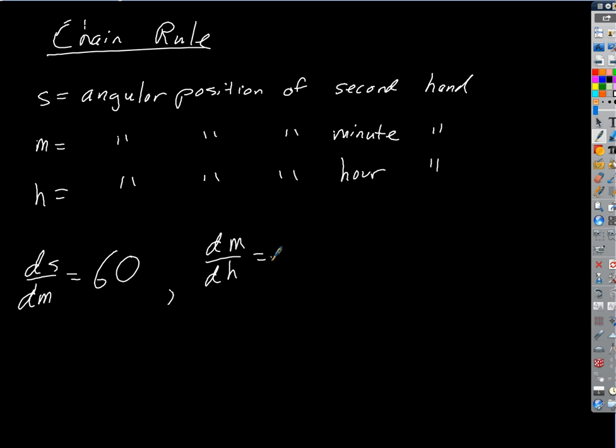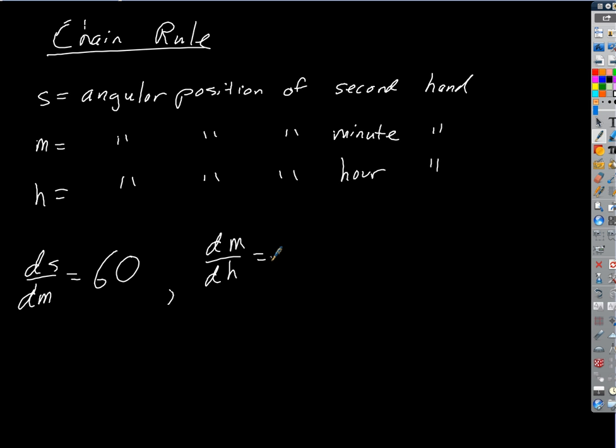So how would somebody state very precisely how we would describe that derivative as a rate of change? Rate of change of minutes relative... Okay, and really, maybe the rate of change of the angular position of the minute hand with respect to the angular position of the hour hand.